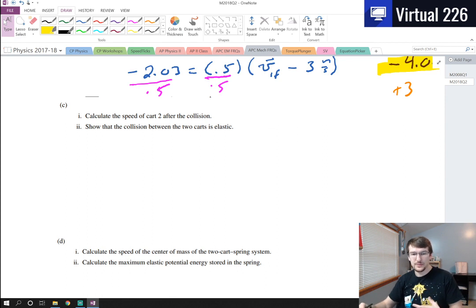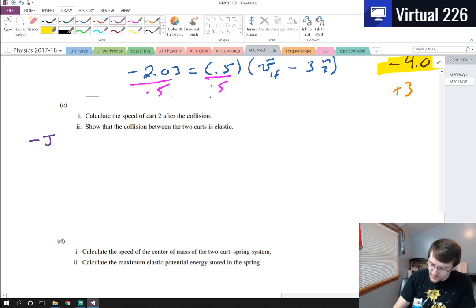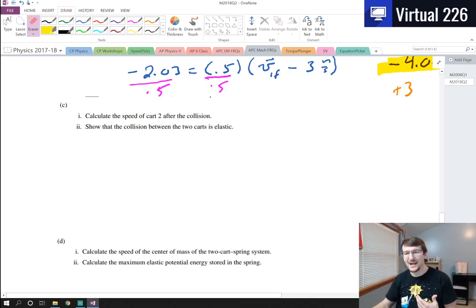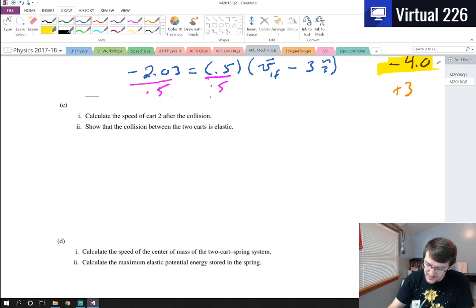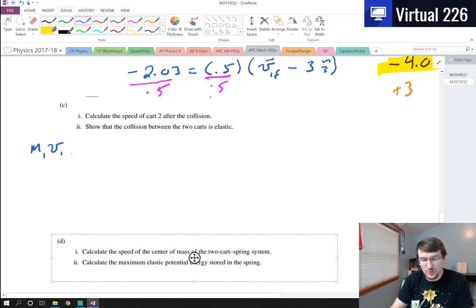So what we need to be able to say here is that the negative impulse that we have is going to equal that entire same change in momentum. Another way to do this, and the way that I kind of like doing it a little bit better, is just to straight up conserve the momentum in this problem. The way I would write this is I would just say that the initial cart, its momentum, m1v1, plus the momentum of cart 2, but since that velocity is 0, it's going to be 0.